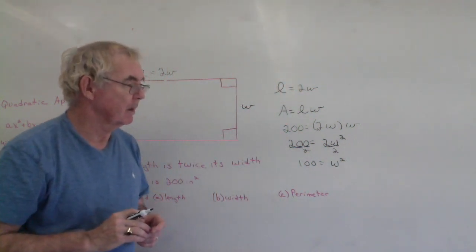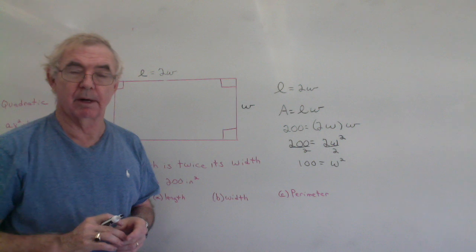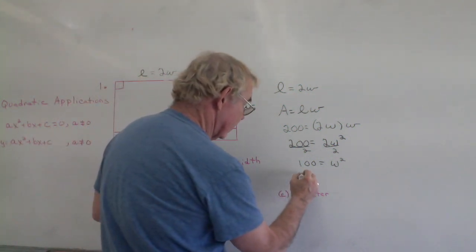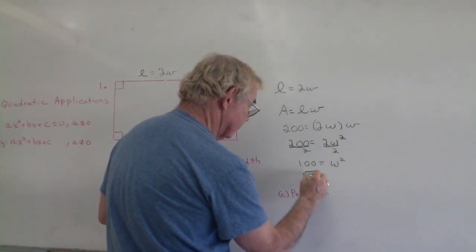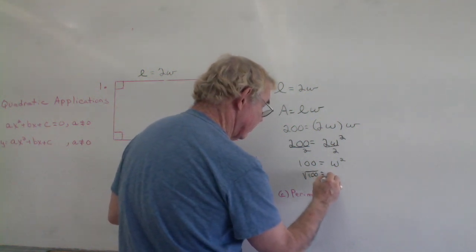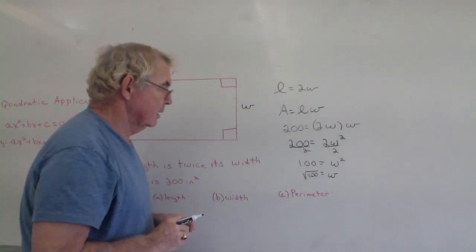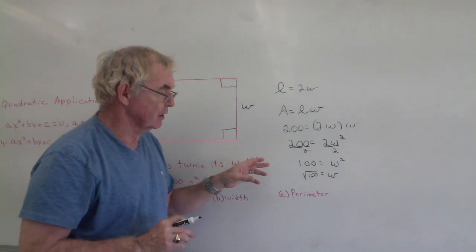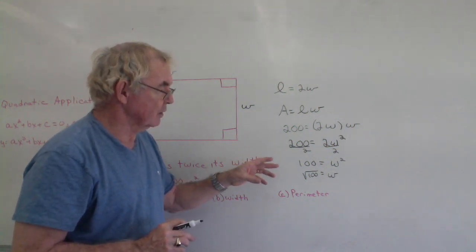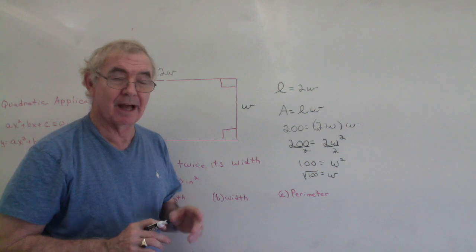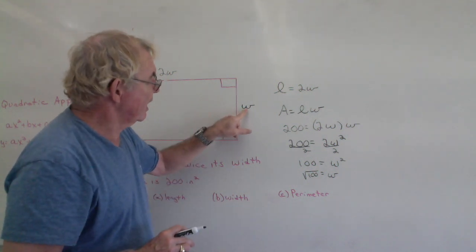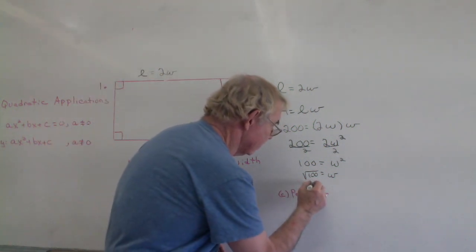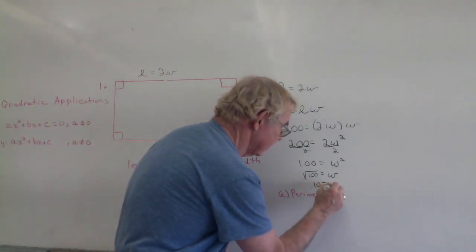Now, to get rid of the W squared, we take the square root of both sides. So the square root of 100 is equal to W. In this case, we know there are 2 answers, plus or minus 10. However, you cannot have a negative width. So the width is 10.